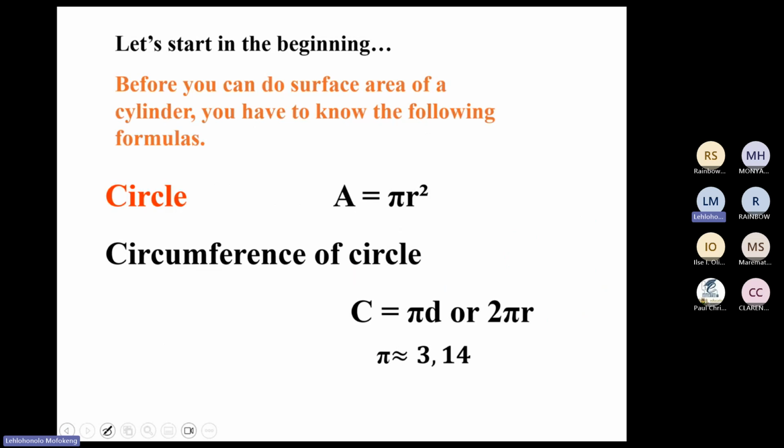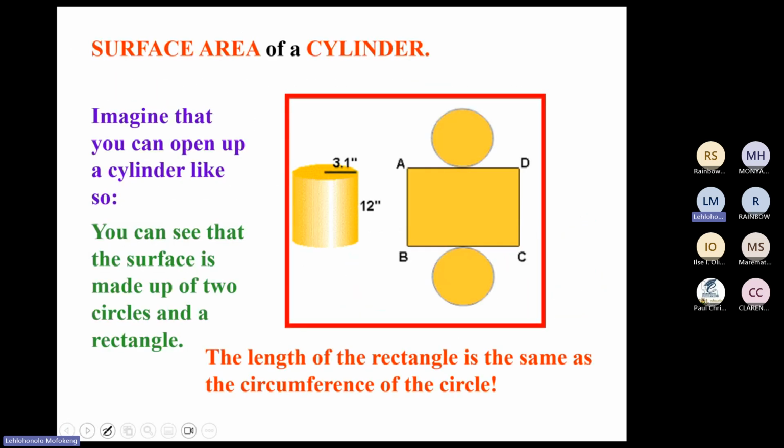So moving forward, now let's have a look at this. This is what I've talked about. We have this as a circle, and this as a circle, because they are both on the end sides of the cylinder. And also we have a rectangle.